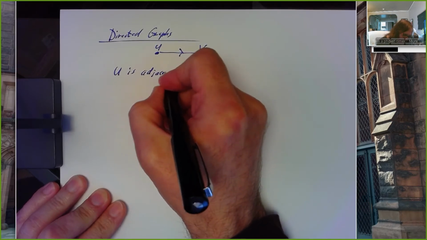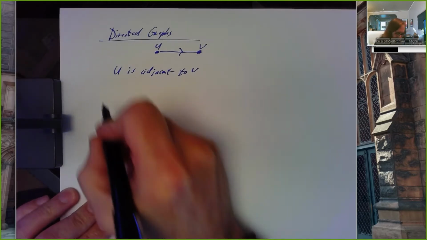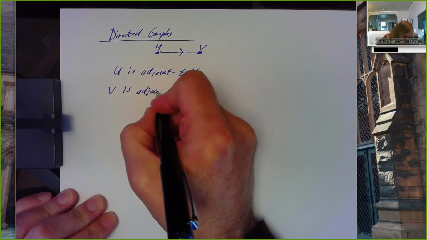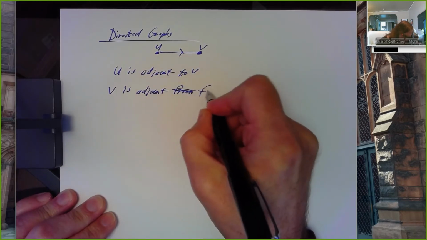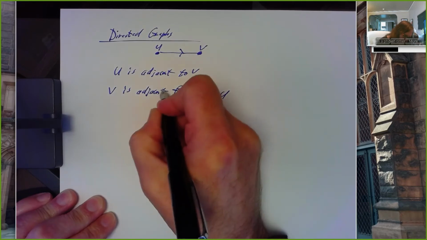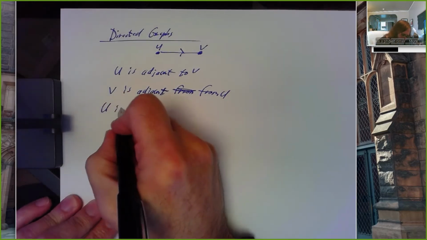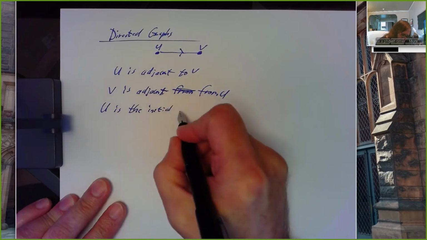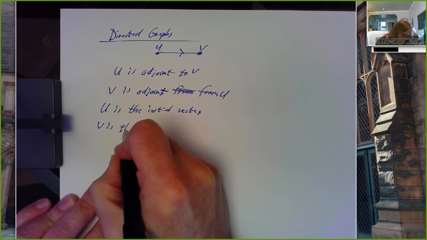U is adjacent to V. And we would say V is adjacent from U. U is the initial vertex, and V is the terminal vertex.